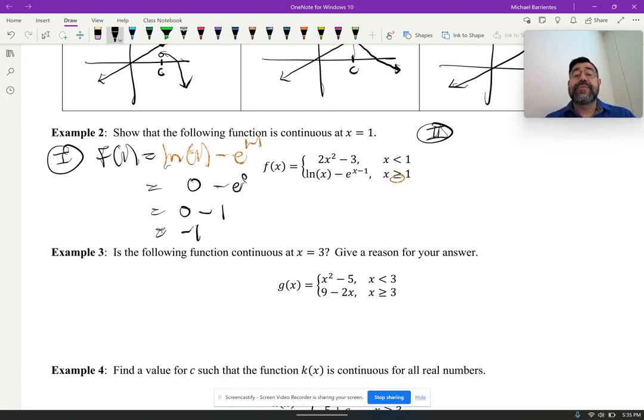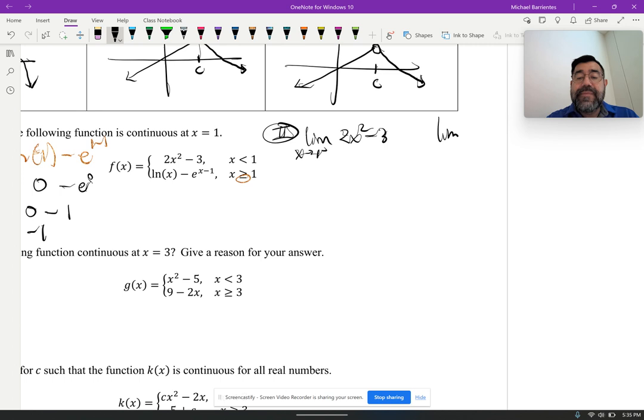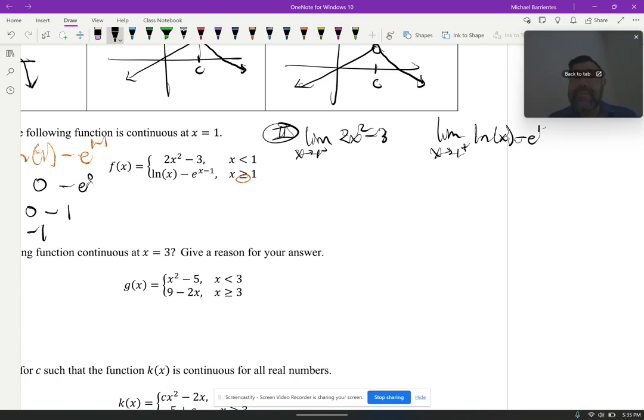Condition 2: does the limit exist? Well, this is a piecewise function, so we have to check the limit as x approaches 1 from the left side, and the limit as x approaches 1 from the right side, and see if they match. The right-sided limit uses the same formula as before, so this is just going to be negative 1, because I'm doing direct substitution anyway.